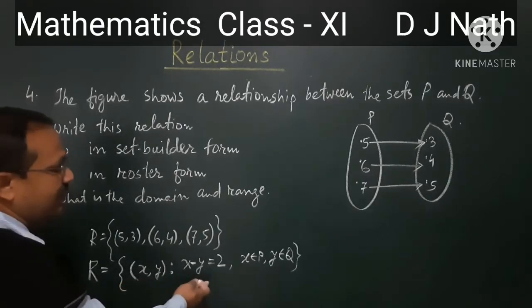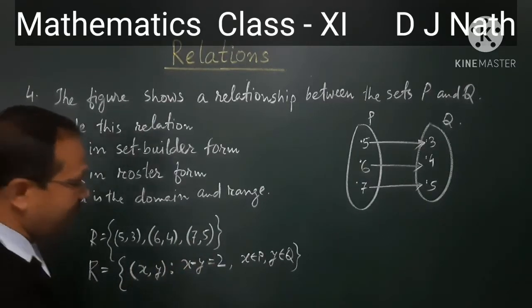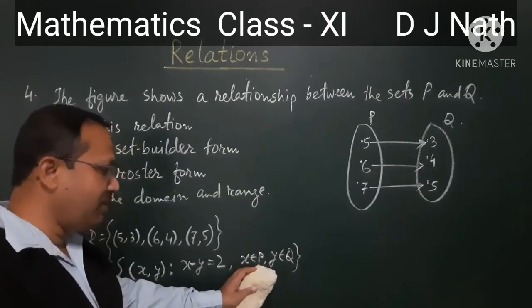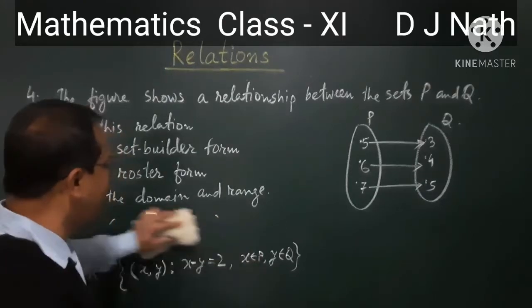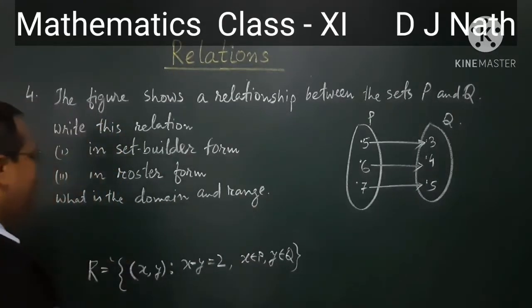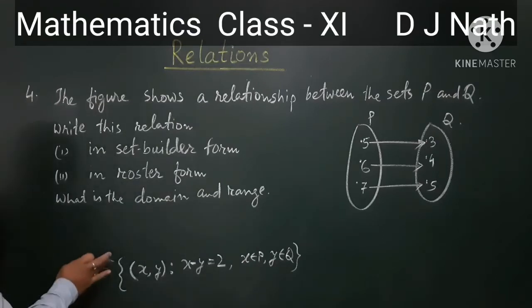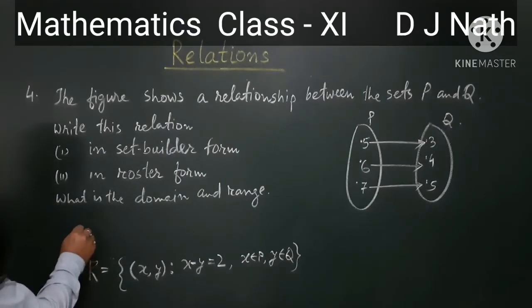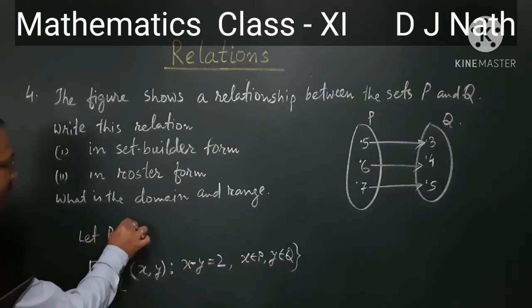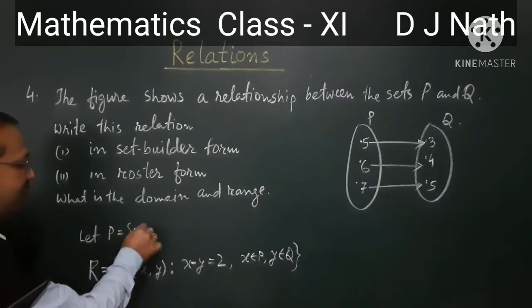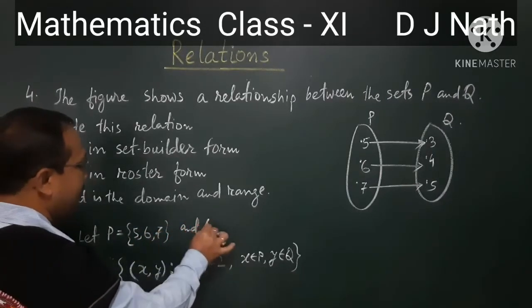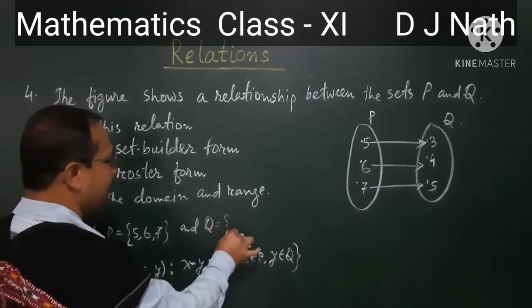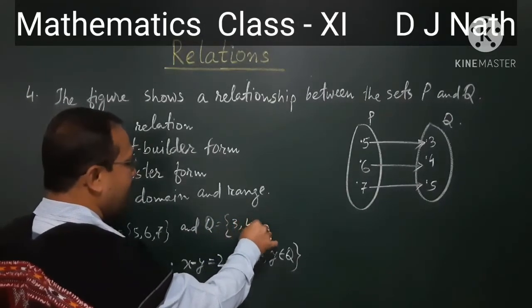If we define it like that, it will be more specific. What is P and what is Q? Before writing the set builder form, we can define that. Let P is equal to 5, 6, 7 and Q is equal to 3, 4 and 5.